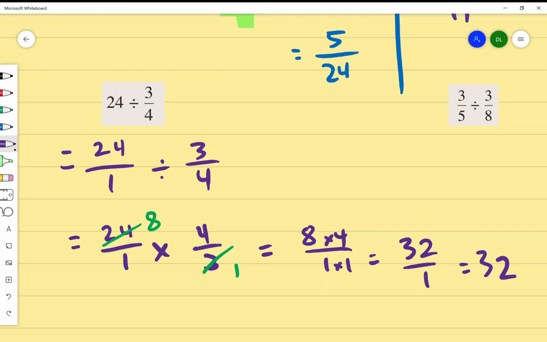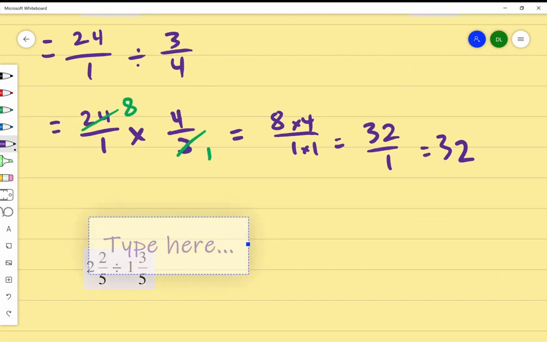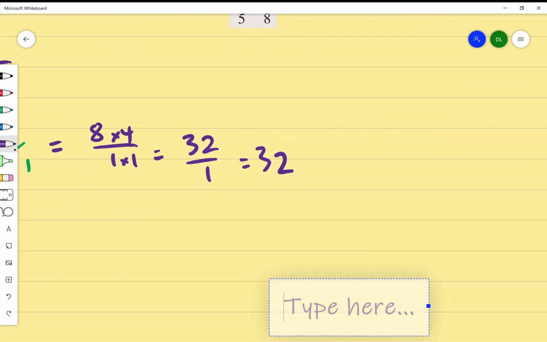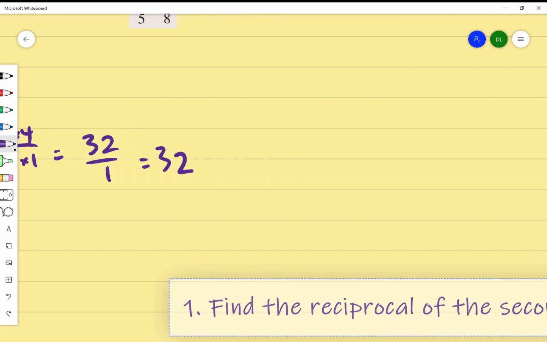Yeah. Any questions? Okay. So I want you to copy what I'm about to type down. Copy that into your book. Thank you. So when we divide fractions, step 1, find the reciprocal of the second fraction.